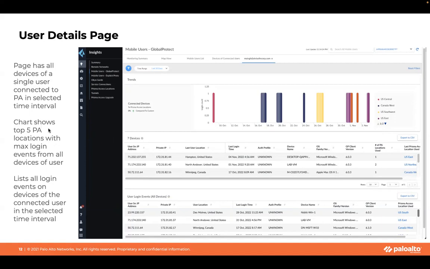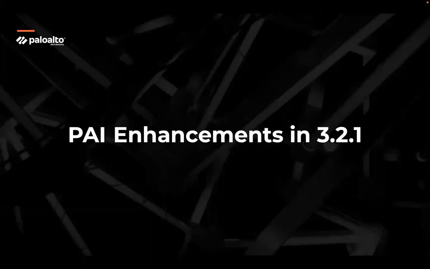We also show you the top locations with max login events from all devices. And this was essentially the core contents of release 3.2, which was very highly desired by a lot of you, since the usage earlier allowed this view from the main page.